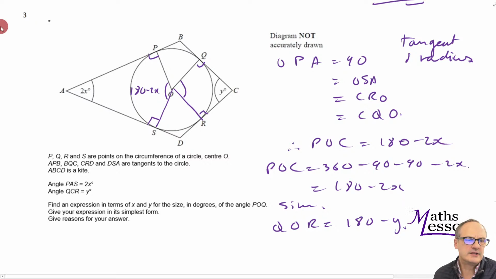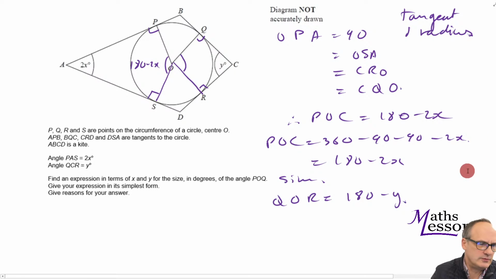Now, my mistake when I was doing this earlier for the first time was that I misread the question. I thought it said find an expression of x in terms of y, and I kept finding out 360 equals 360. Surprise, surprise. Anyway, that's not what we need to do. We need to find the angle of POQ in terms of x and y. So we know that these two are equal, and we know these are equal because that is 90, 90. It's a similar sort of thing.